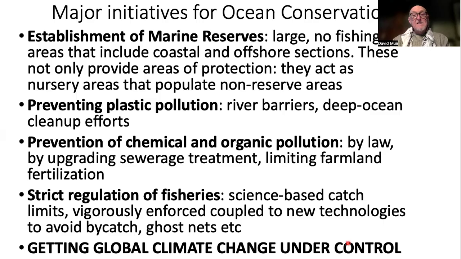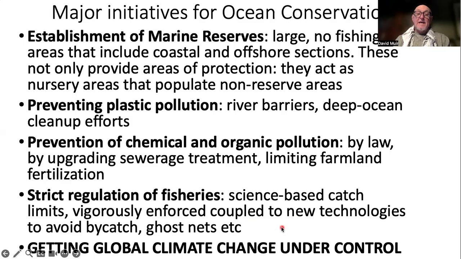The second thing is to limit the amount of farmland fertilization and to make farm fertilization more efficient, and also in many areas of the world to get gardeners to stop fertilizing, to stop growing lawns, for example, which require a very high fertilizer input, and much of which will end up in the adjacent coasts.